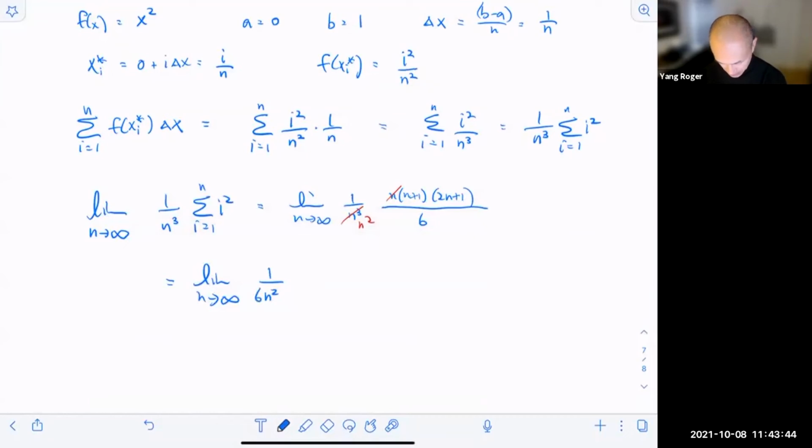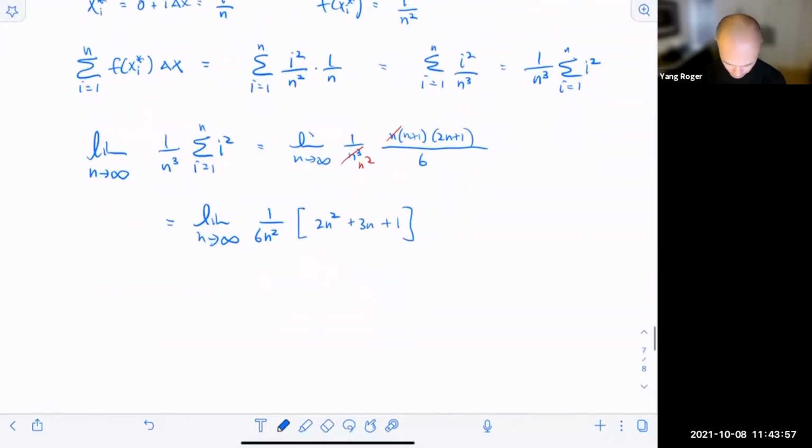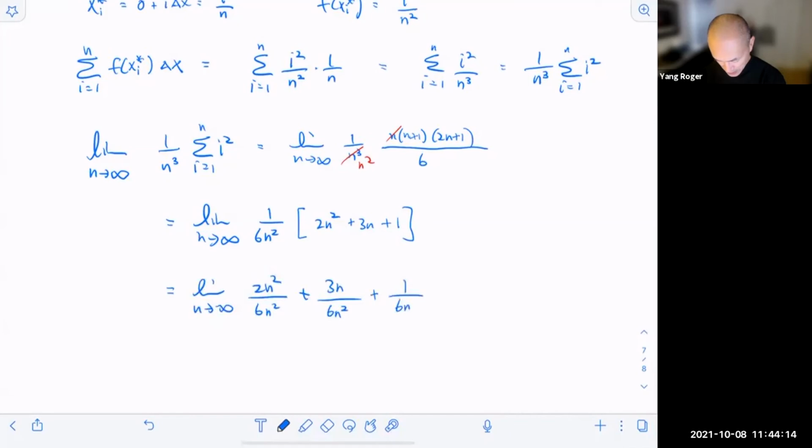And then you're going to have times 2n squared plus 3n plus 1. And then we could write this as the limit as n goes to infinity. We have 2n squared over 6n squared plus 3n over 6n squared plus 1 over 6n squared.